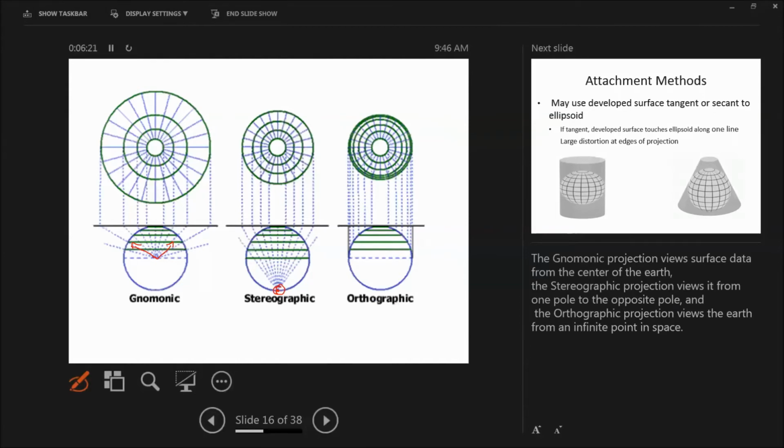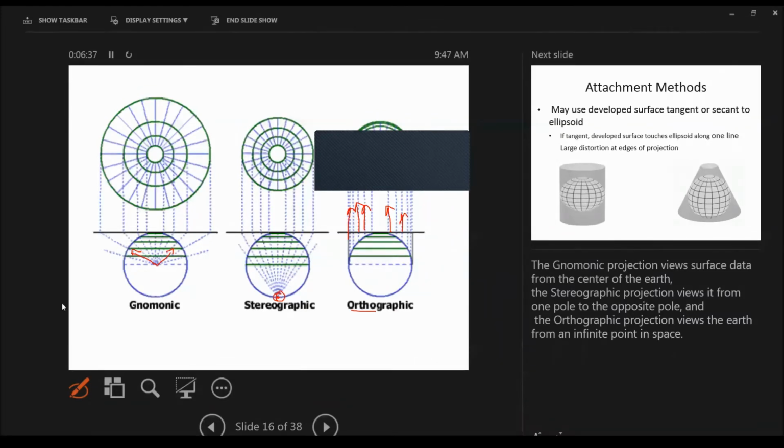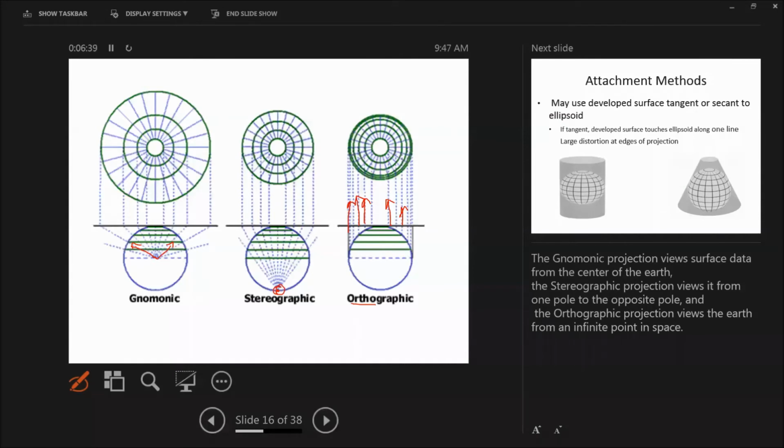Orthographic, there isn't really a light source. That's where the name ortho is coming from. We just project perpendicular to the equator. All the projection lines are going to be, okay, I'm not sure if this showed on your screen. There was a connection that's showing, but all the lines are going to be perpendicular to the equator.